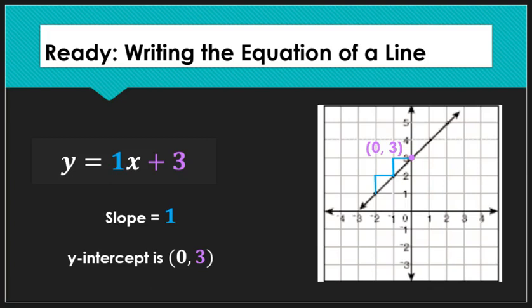Now let's find a line that is parallel to this line but passes through the point (2, 2). So we have our point (2, 2) that's being graphed, and now we're just going to use our slope to go up 1 and over 1, up 1 and over 1, just like our other line.